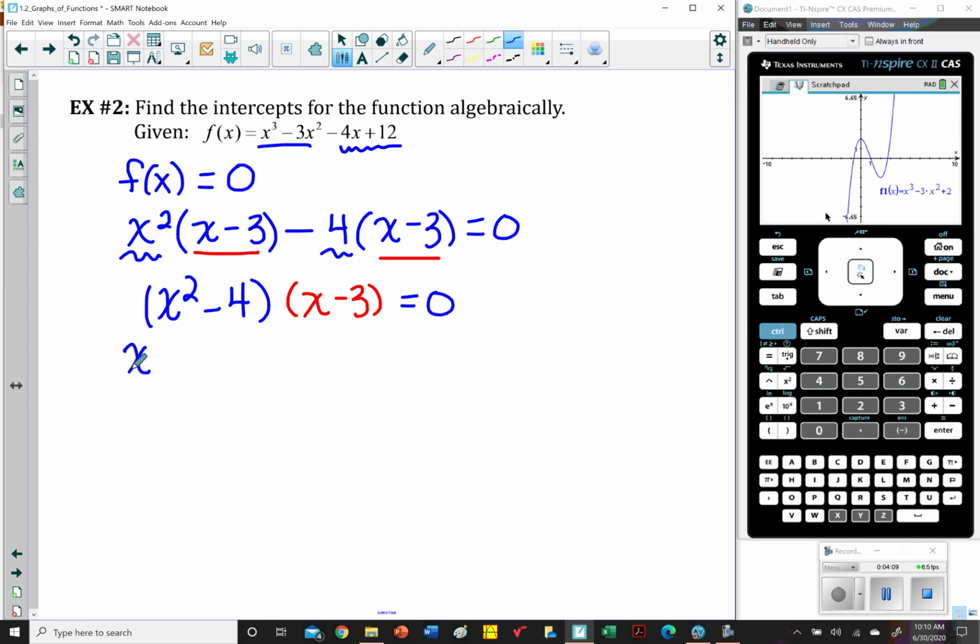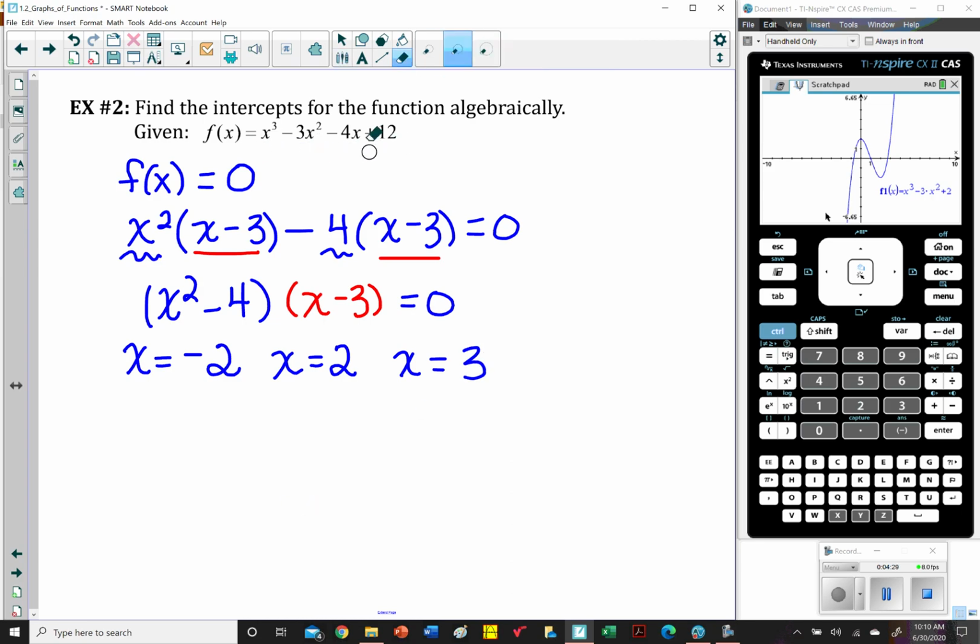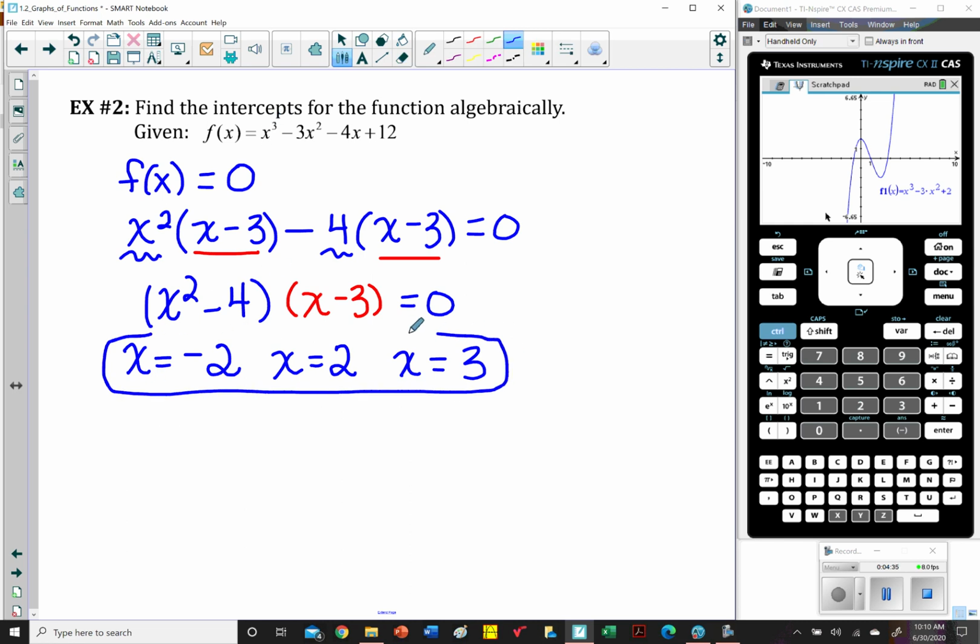So x squared minus 4, you can continue to factor or think about the square root method. In this case, we would end up with x is -2 or x is +2, and then our factor x minus 3 would be x is 3. So in that case, we found our 3 x-intercepts. It's a cubic function, so we would expect 3 roots or 3 possible roots.